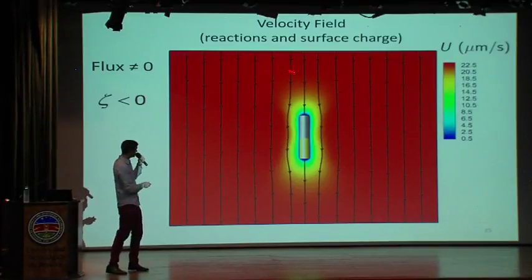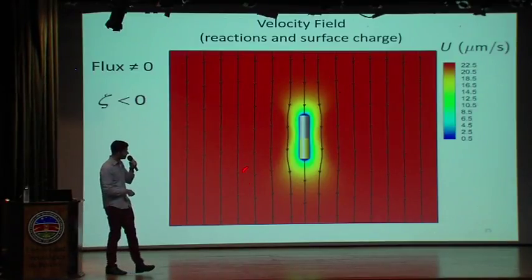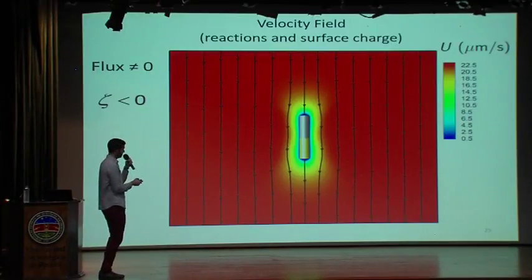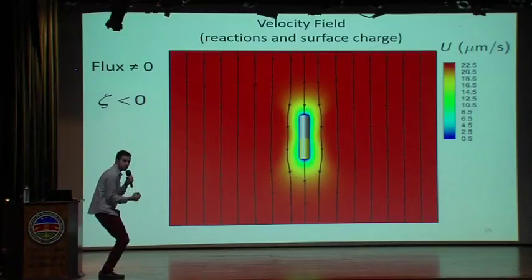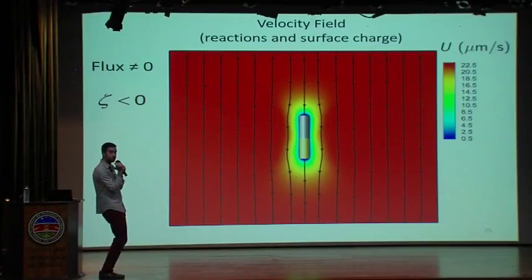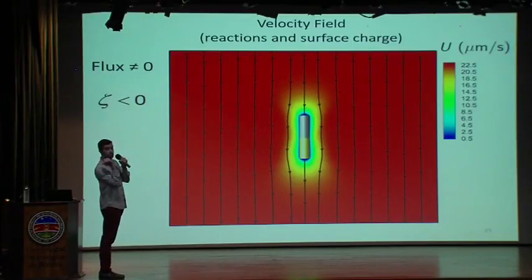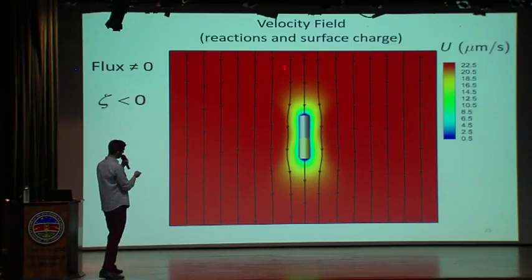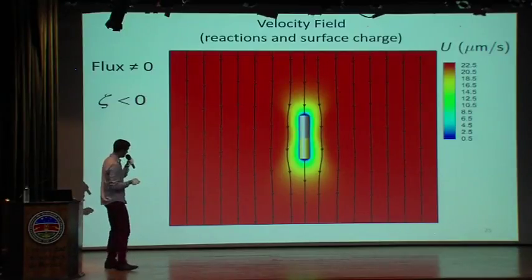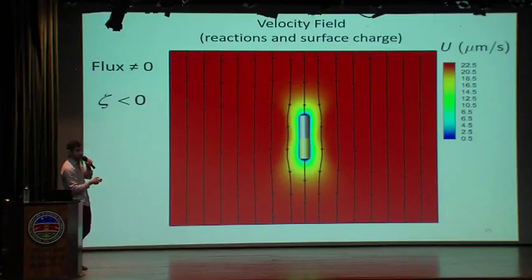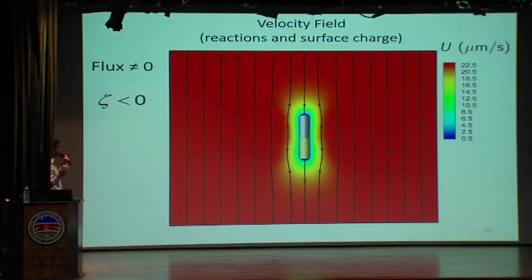Here, in color, I'm showing the fluid speed. And this is from the perspective of the rod. So imagine you're sitting on the rod, and you're watching the fluid come past you. Then the fluid out here should be moving backwards, and you are moving forward. So again, the motion of the rod is this way, with respect to a laboratory reference frame.